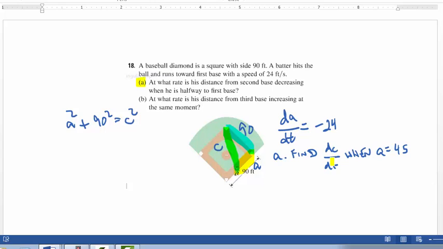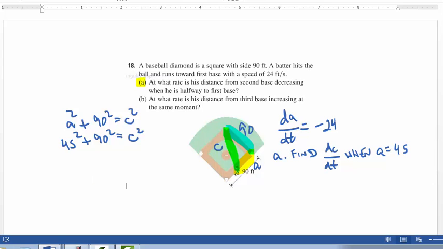So what we can do is we can get C at this point just by using the Pythagorean theorem. If we know that A is 45, just do 45 squared plus 90 squared equals C squared, right? Because C is changing. The only constant here is the 90. 90 is always going to stay the same, but A is getting smaller, C is getting smaller. So what is C when A is 45?